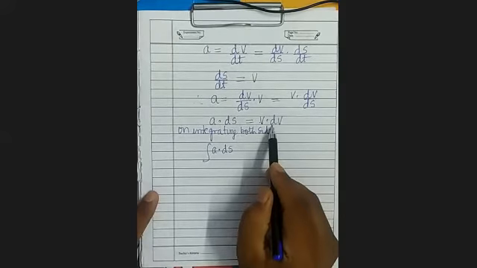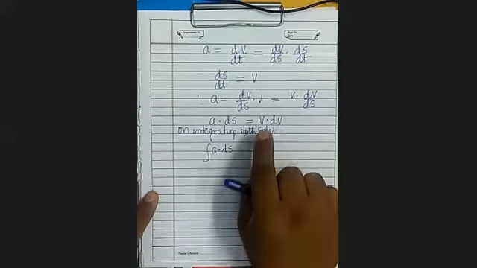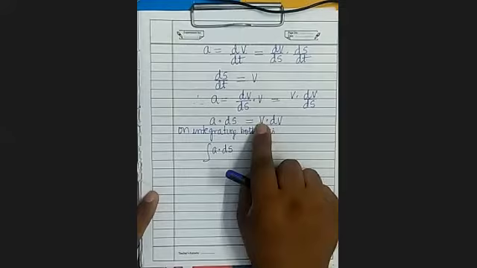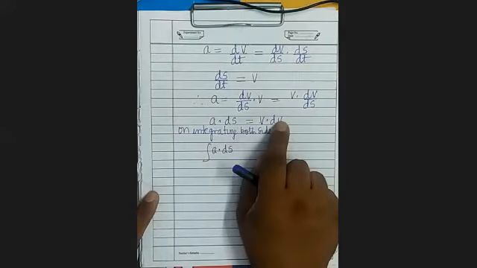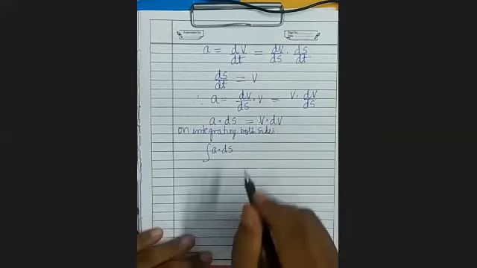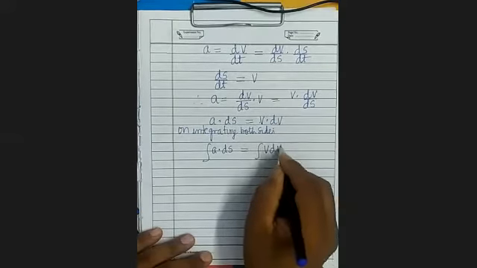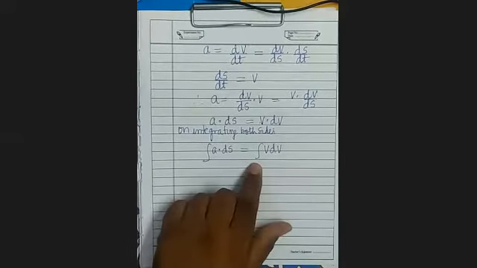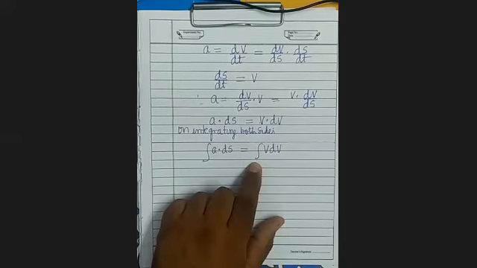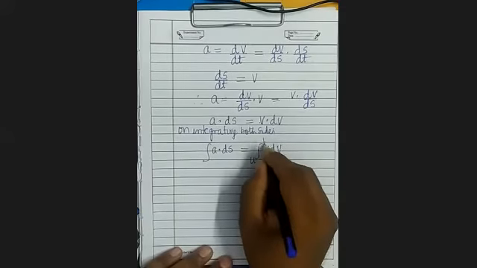Because now we are going to integrate with respect to velocity. If we put u plus at here, then t cannot be integrated with respect to velocity. So a ds and it is integral v dv. Here it is integrated with respect to velocity. We will substitute the limit of the velocity. So what is the limit of velocity? u to v.